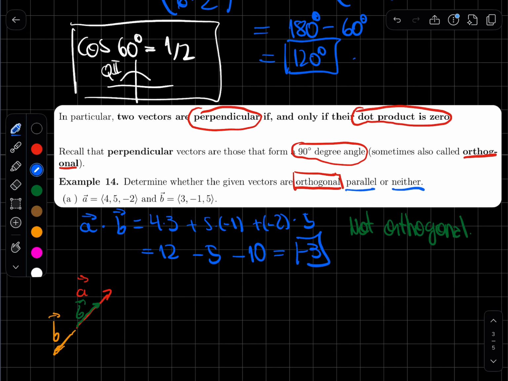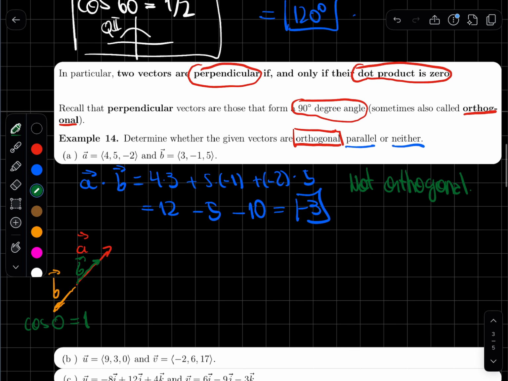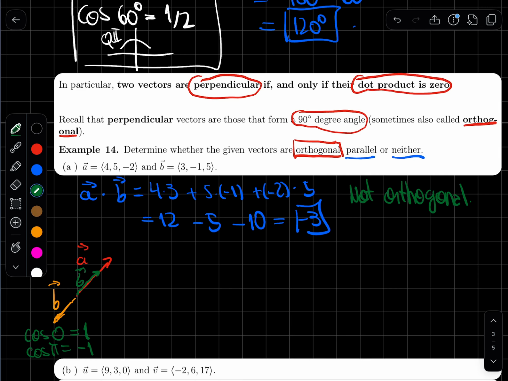In the first case, the angle is 0. Cosine of 0 is 1. And in the second case, the angle is pi, and the cosine of pi is -1. So I can find magnitude of a, magnitude b, multiply, divide, whatever, see if the answer is either 1 or -1. And that will tell me whether these two vectors are parallel or not.